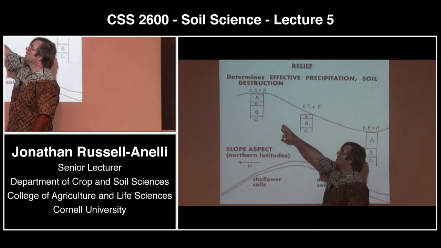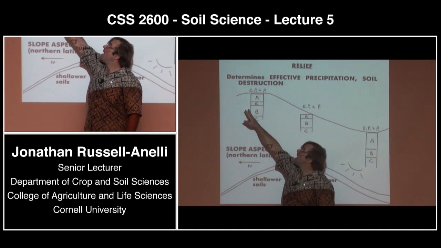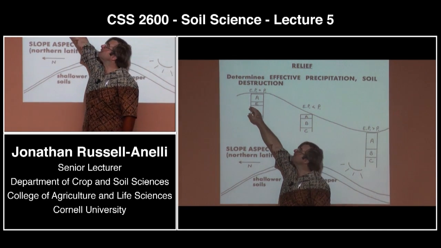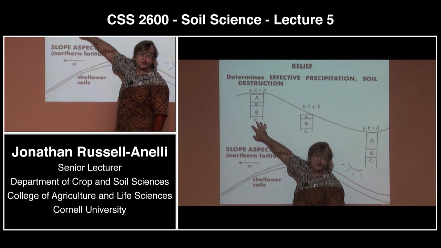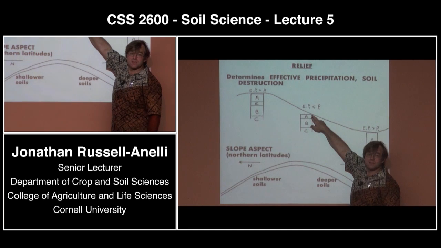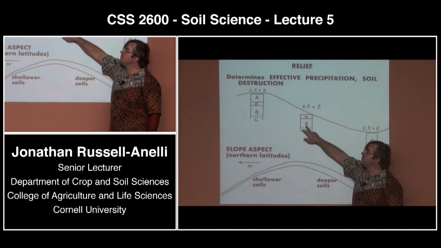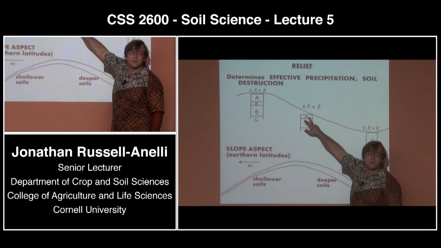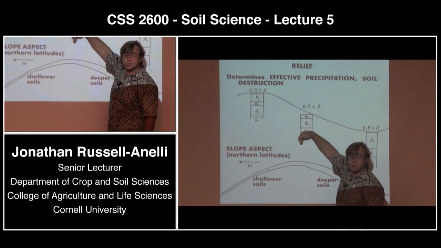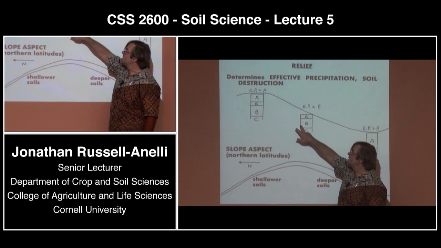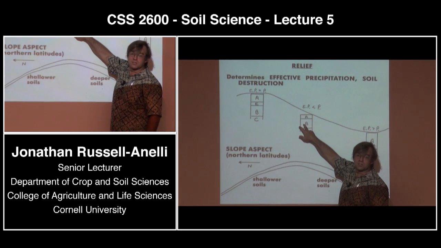Up here, I have a moderately thick A. I also have an E horizon, which means the water's moving through and stripping stuff. Here, very thin A horizon, no E horizon, and a B horizon. Well, why? I'm not getting enough water to move through this system to potentially strip those E's. Yes, I still have a B horizon, but not much.